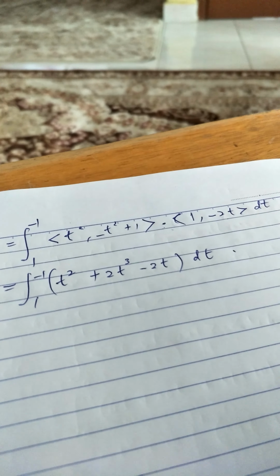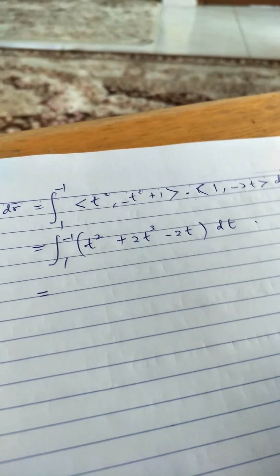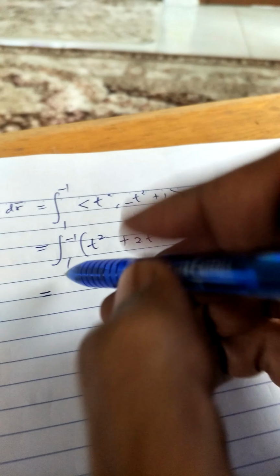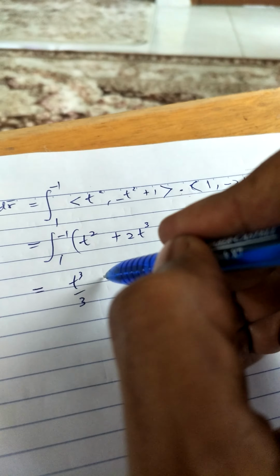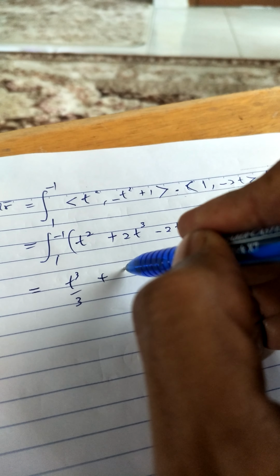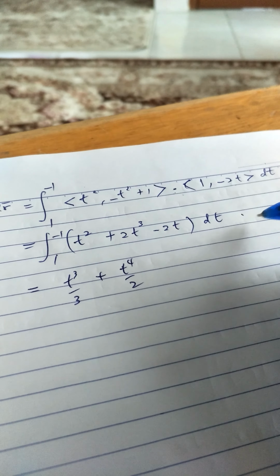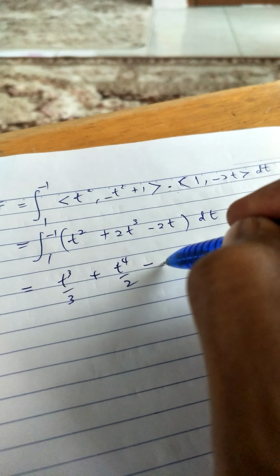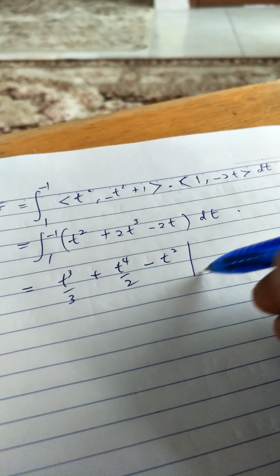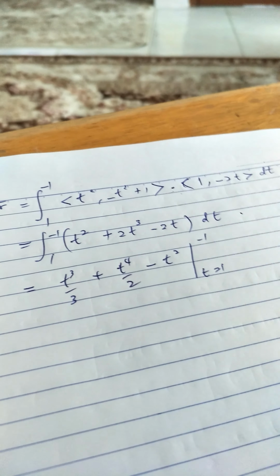Okay, so then you can solve this easily. So what we have, t cubed over 3 plus t to the 4 over 2 minus t squared, t from 1 to minus 1.